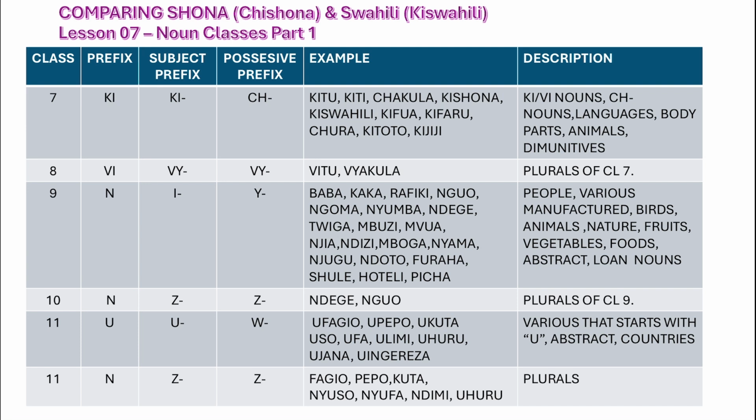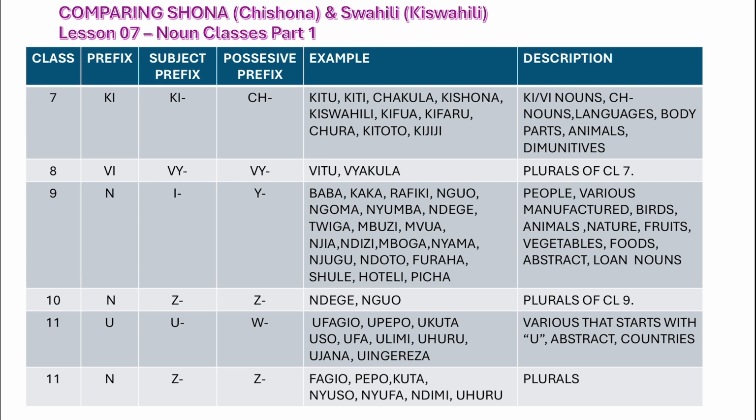Body parts, some few animals, and diminutives, small. Examples: kitu is thing. Kiti is a chair. Chakula is food. Kishona and Kiswahili, it's Shona language and Swahili language.